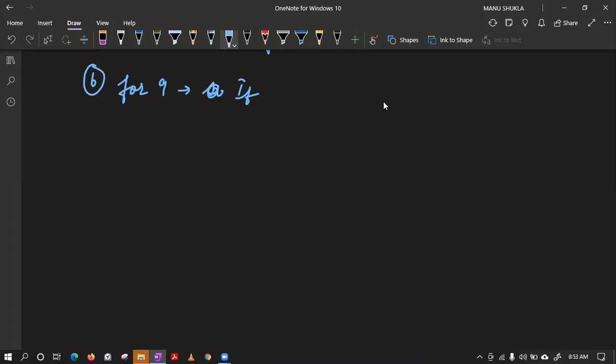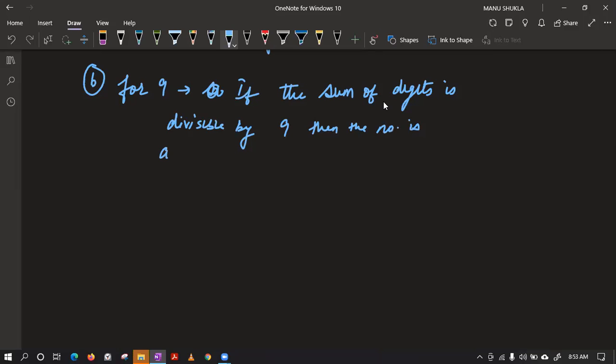So if the sum of digits is divisible by 9, then the number is also divisible by 9.